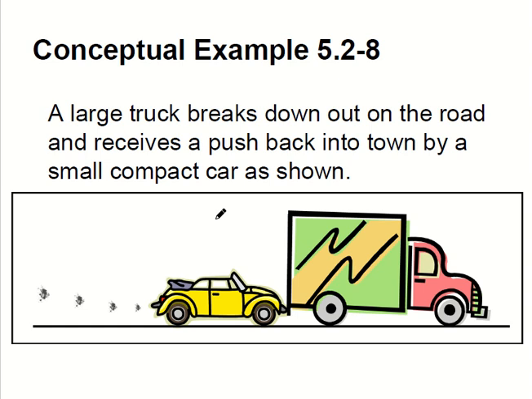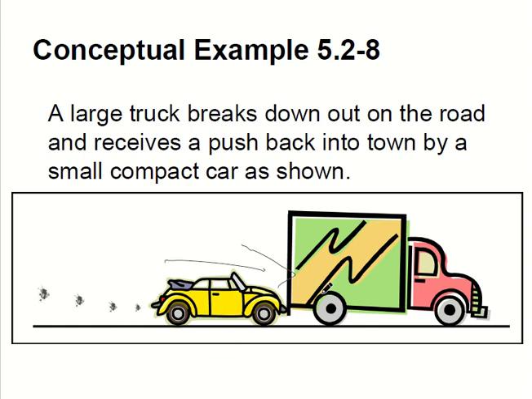Now a large truck breaks down out on the road and receives a push back into town by a small compact car, as shown. So here we have a large truck, it's going to break down out on the road, and then it's going to receive a push.